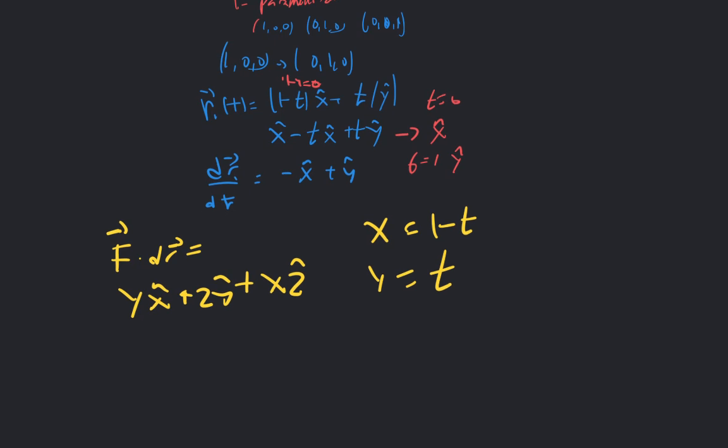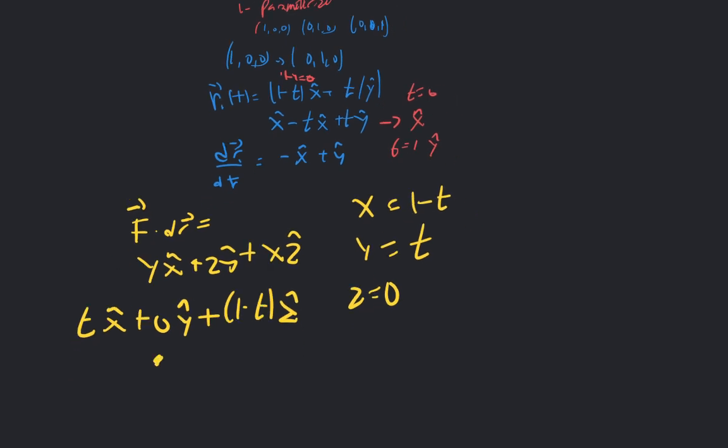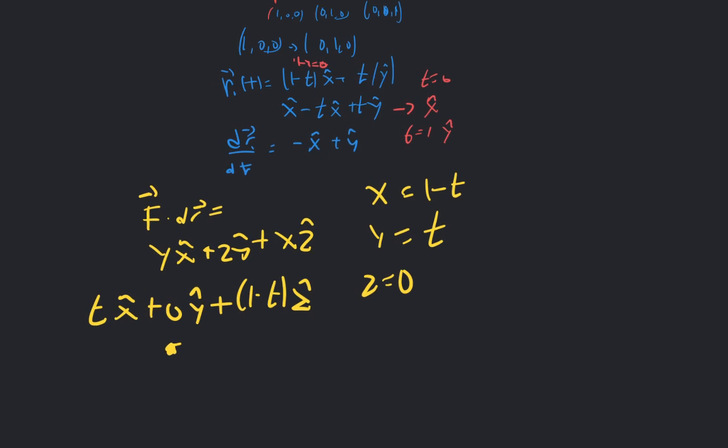So that leaves us with t x unit, and z is going to be 0, plus 0 y unit plus 1 minus t z unit. And then we're going to dot that with the dr, which was minus x unit plus y unit, and that gives us minus t.